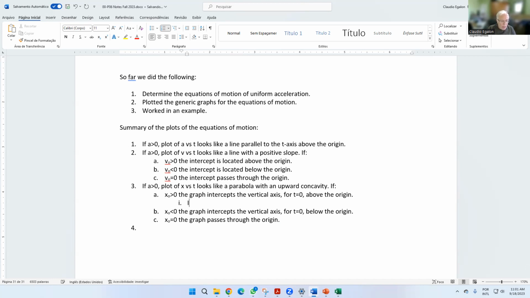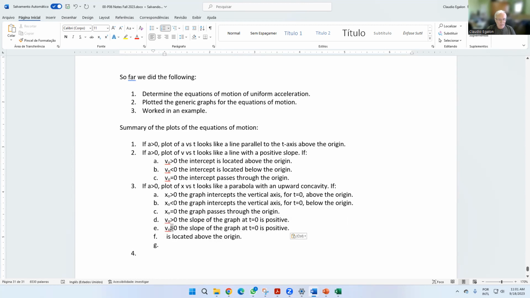Let's organize it in a better way. If v naught is greater than 0, the slope of the graph at t equal to 0 is positive, right?